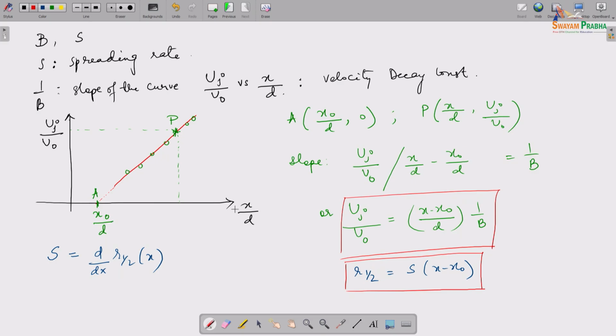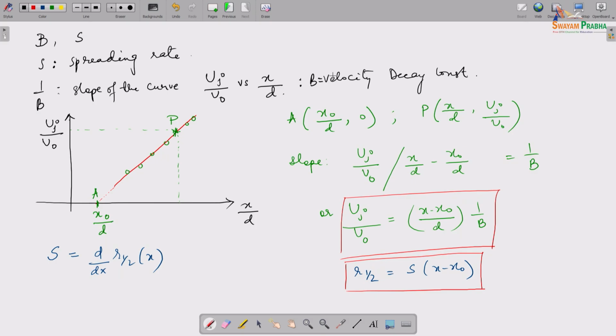You can take these values on the y-axis and x by d on the x-axis, for any of the 5 jets that we are talking about, and those points are bound to fall on this line, which means all of them have the same B and S. So b is the velocity decay constant, and s the spreading rate.